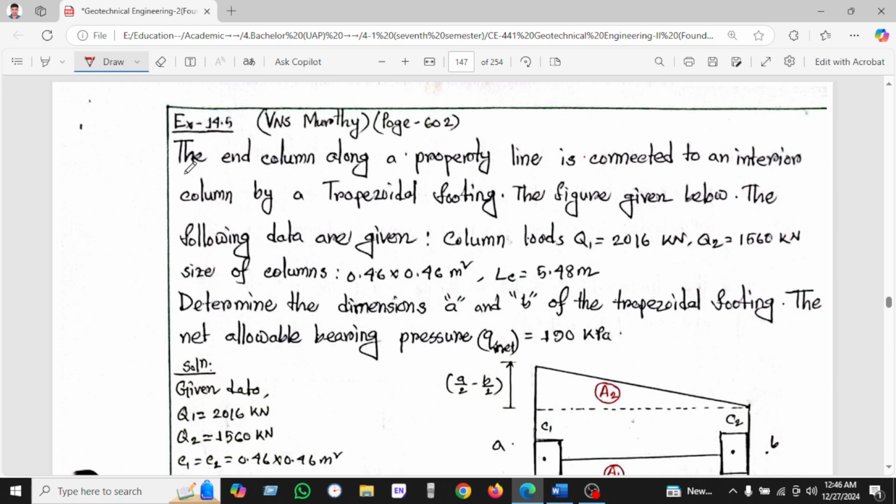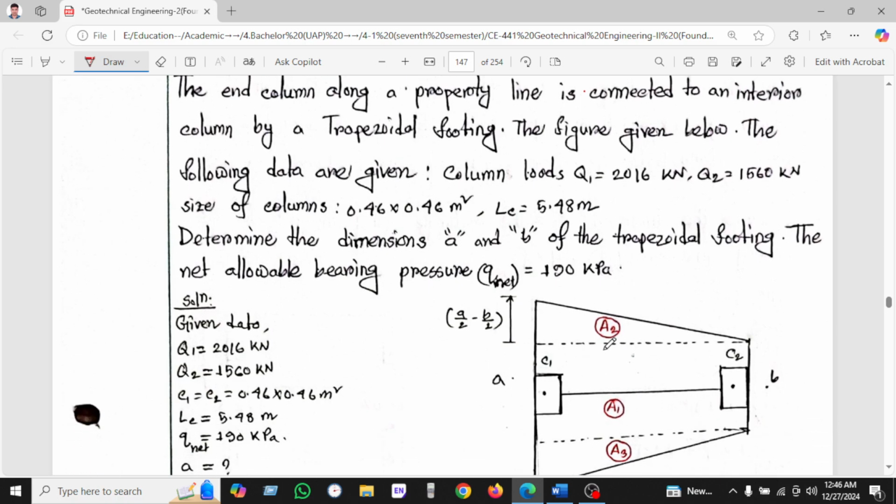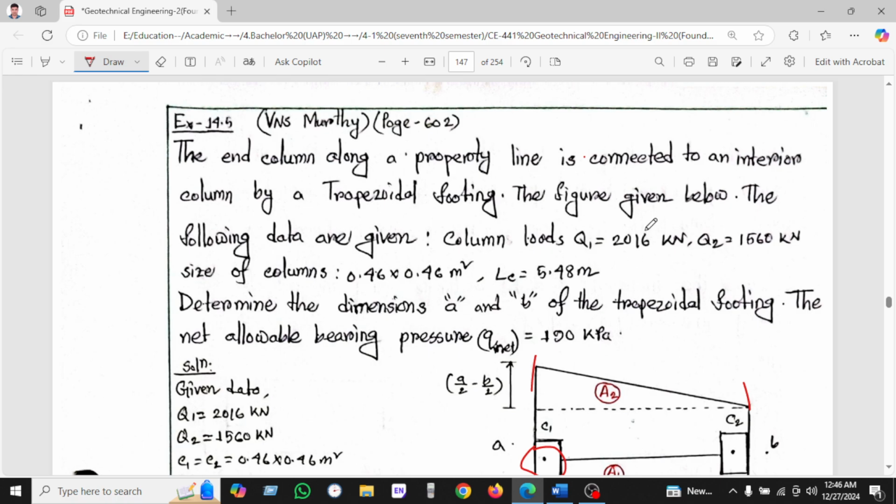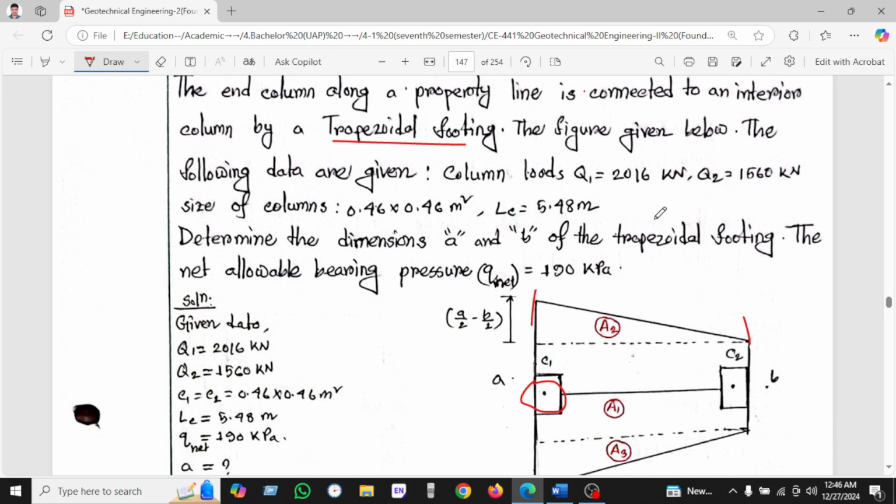The end column is along the property line. Here is a column, and this is the property line, and it is a combined footing with an interior column by trapezoidal footing. This is the trapezoidal combined footing. The figure is given below.